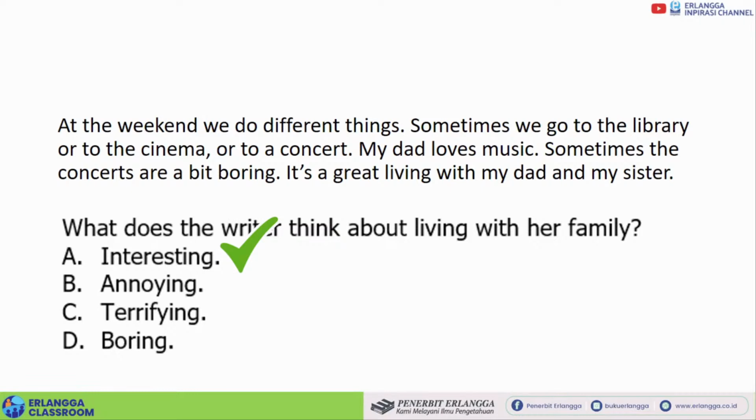Itu highlightnya. Jadi, sahabat Erlangga tidak perlu mencari mana yang persis ini interesting gitu misalnya, atau mana annoying tidak ada di teks itu misalnya, seperti itu ya. Nah, so you have to make your own conclusion. Ya, you conclude, menyimpulkan.